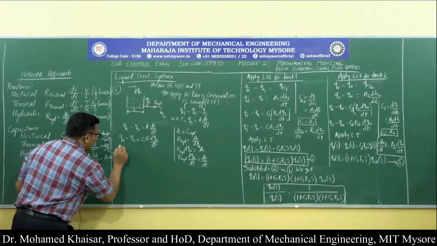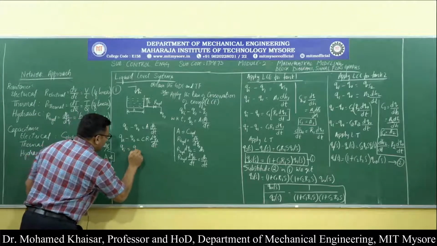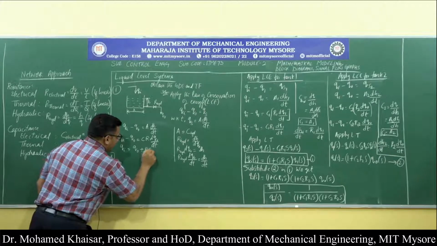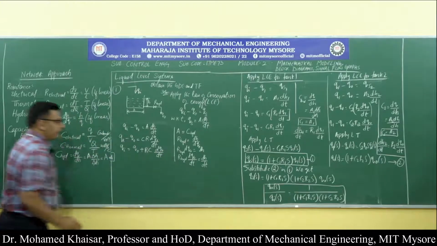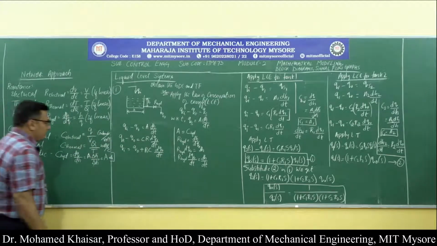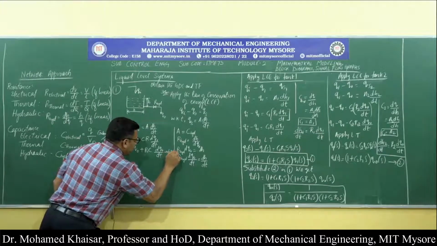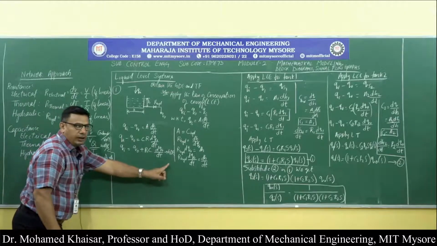So we can write Qi is equal to Q naught plus RC dQ naught by dt. This is the governing differential equation.